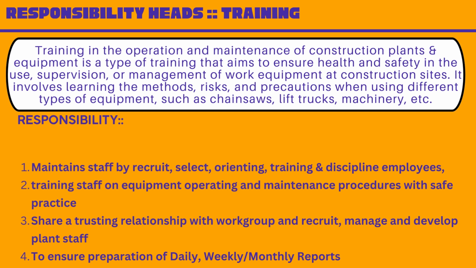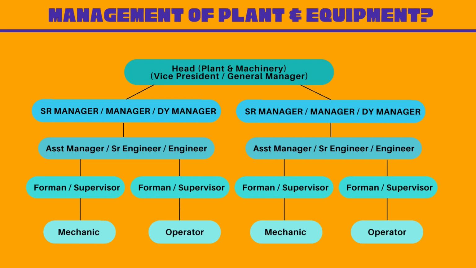Times maintains staff by recruiting, selecting, orienting, training and disciplining employees. Times training staff on equipment operating and maintenance procedures with safe practice. Times share a trusting relationship with work group and recruit, manage and develop plant staff. Times to ensure preparation of daily, weekly, monthly reports.